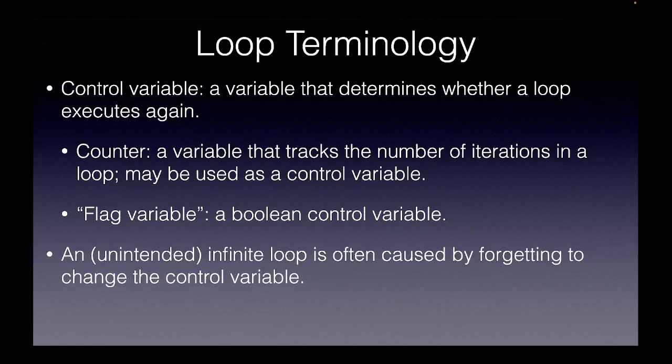And as we talk about these control variables, we'll go back to the idea of an infinite loop. One of the main reasons, especially beginners, but I do it too sometimes, accidentally get an infinite loop is when you forget to change that control variable. If you're in a gym class running around the track, I don't think you're going to forget to add 1 to the number of laps, but you'd be surprised how easy that is when you're writing code, where you forget to say, okay, we've done another lap.